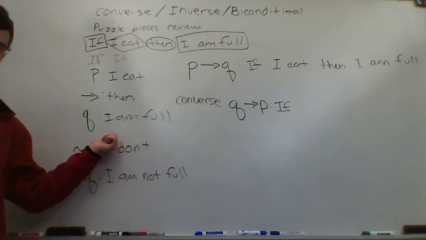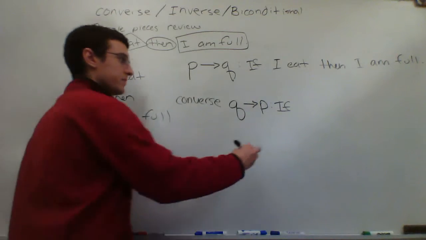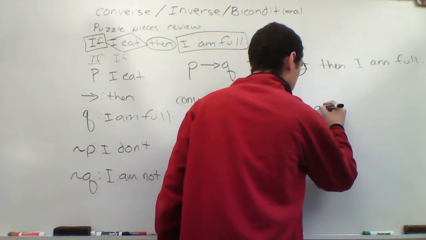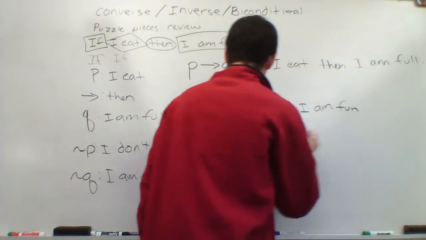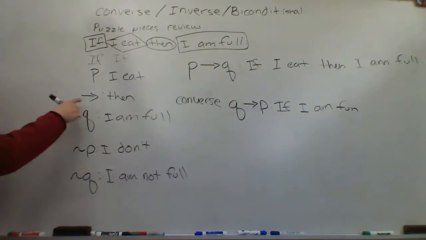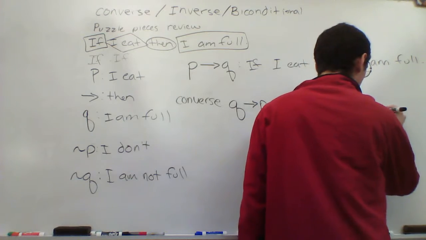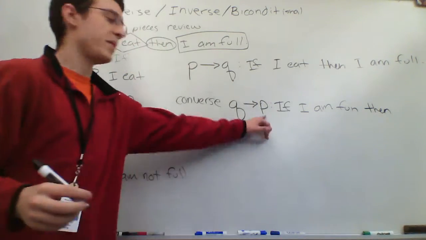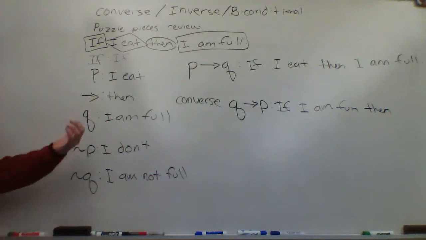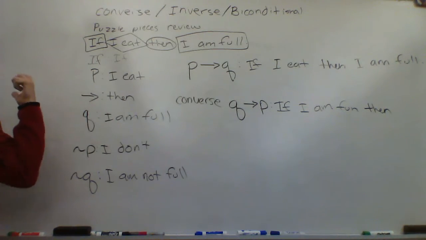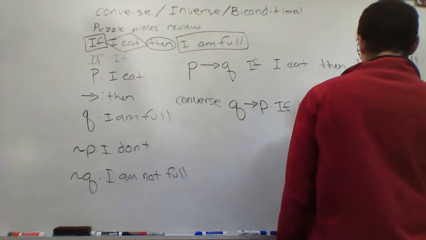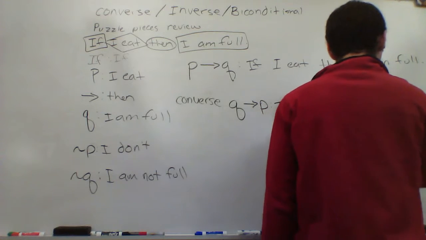Q for conclusion: I am full. We got our nice arrow here. Find your piece. Arrow, then. And finally our P, or our hypothesis. We got it up here. We already labeled it: I eat.